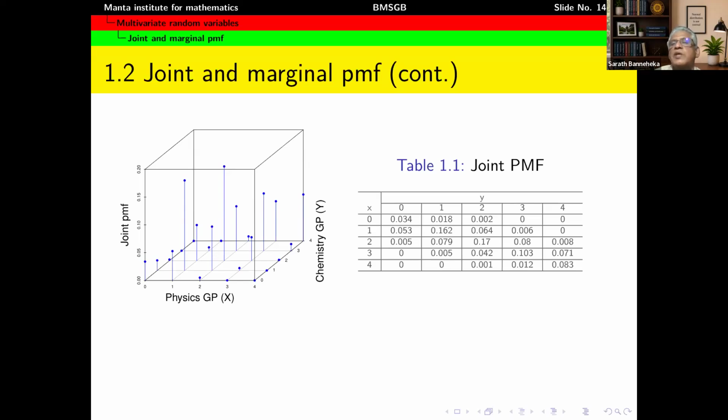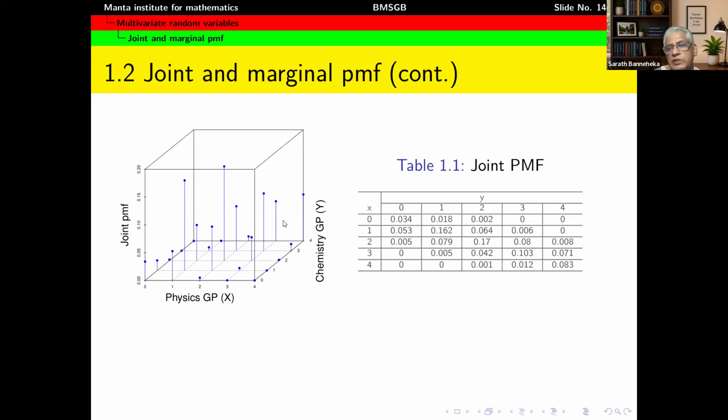Those will be estimated joint probabilities. But in this case, because I have a huge number of students, actually I have the whole population. Therefore, these values come from the population values and can be considered actual joint probabilities. And this is the tabulated form that you can use to show a joint probability mass function of two random variables.